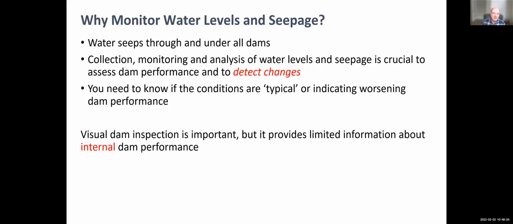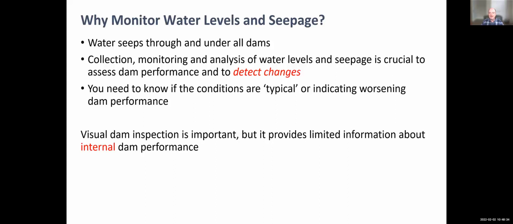So why would we want to monitor water levels and seepage? We know that water is going to seep through and underneath essentially all of our dams. But the collection, monitoring, and analysis of the water levels and seepage is crucial to understanding what is routine behavior for your structure. So we need to get to a baseline for what are expected, routine levels of seepage.